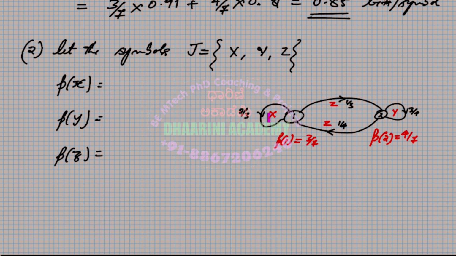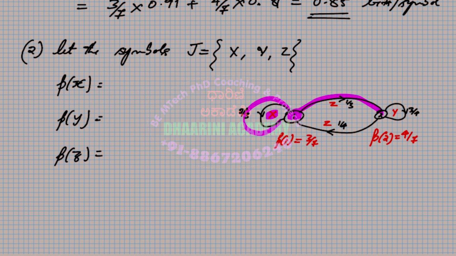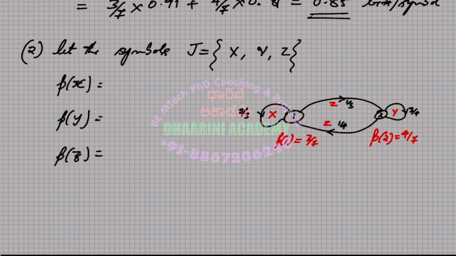In order to get the symbol X, first I need to reach state 1. Once you reach state 1, there is a probability of 1 by 3 you get Z, and 2 by 3 you get X. Now I am looking for the probability of getting X only. The probability of state 1 is 3 by 7.